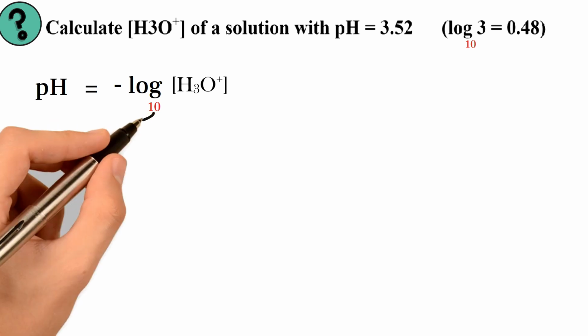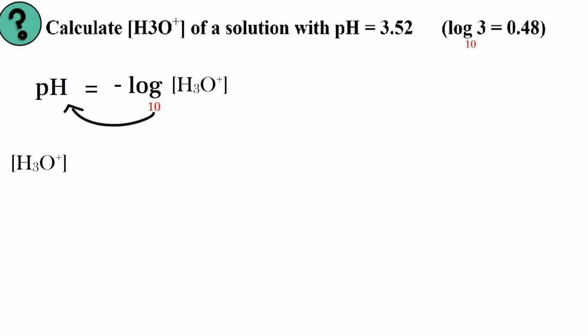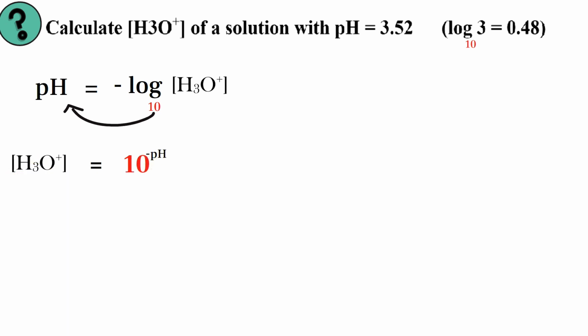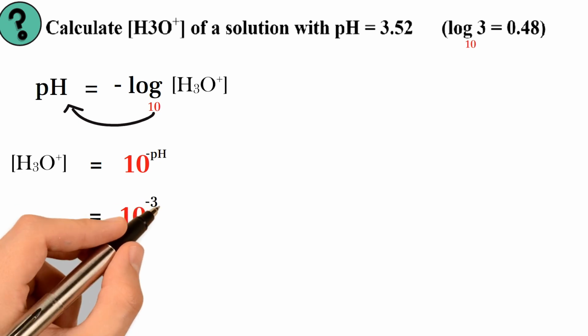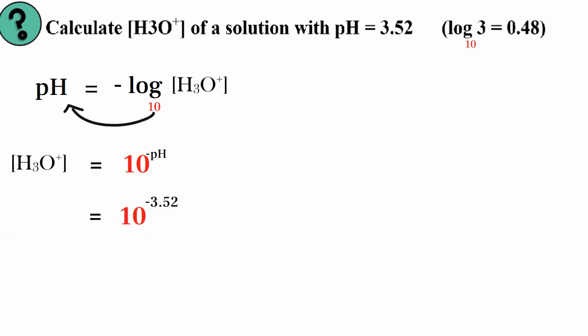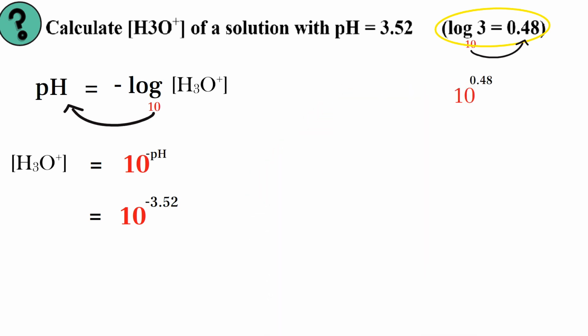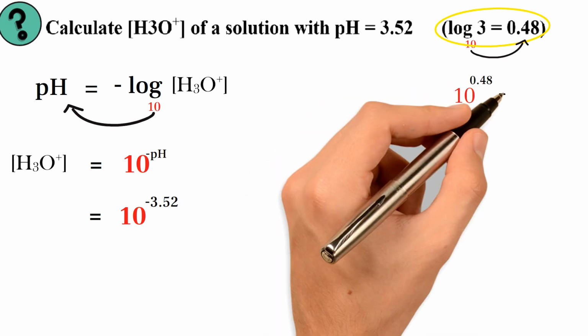So, what is needed here is to find the concentration of H3O+ ions, and by substituting values, note that the result is 10 to the power of negative 3.52. While we are given in the question, as we see, the value of 10 to the power of 0.48 is equal to 3.